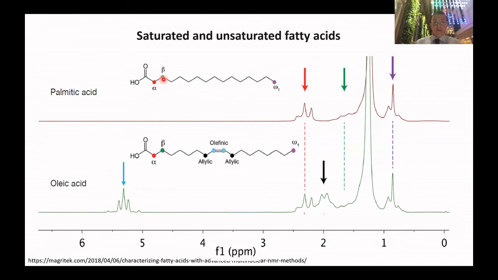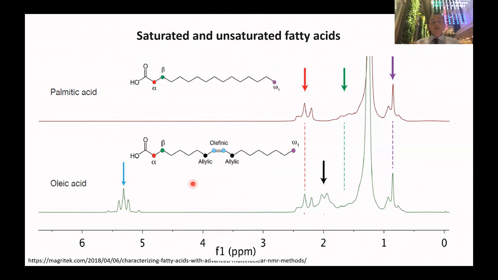Because the inductive effect is a distance effect, the beta methylene group you will find next, at around 1.5. If you take an unsaturated long chain fatty acid, you will see exactly the same spectrum: first the terminal methyl group, not affected, at around 0.9, the long chain methylene group at 1.2, then the CH2 neighboring the alpha methylene proton.